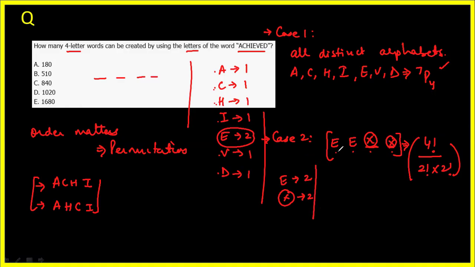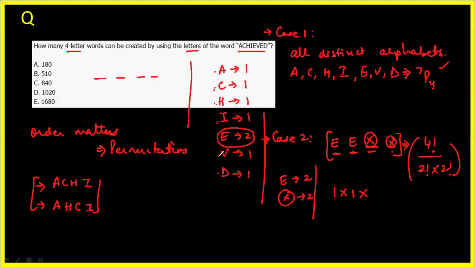Now coming to this part, for the first position you have only one choice, E. Second position, again E, only one choice. Third position, this slot can be filled with the remaining 6 alphabets, so 6 choices.